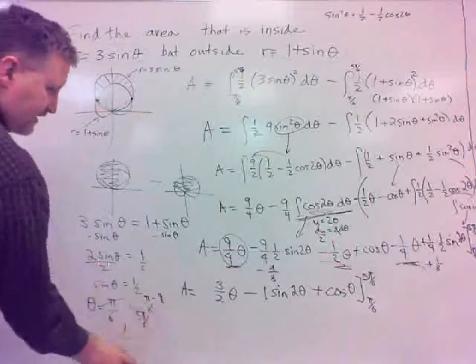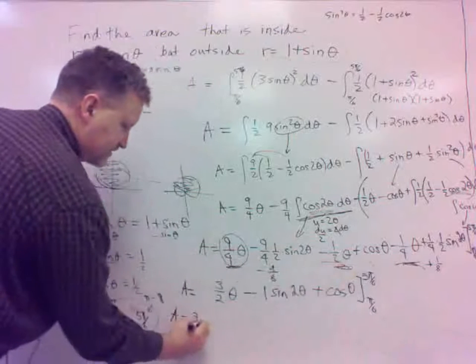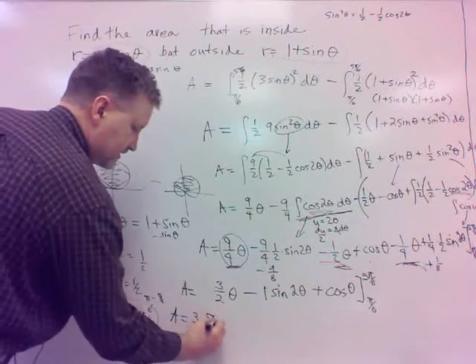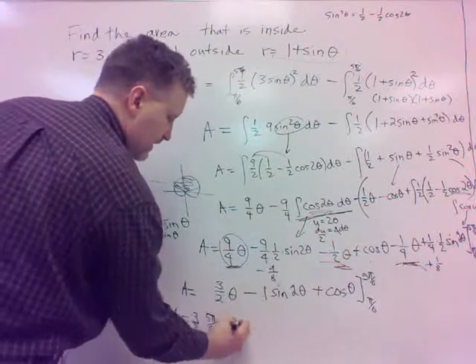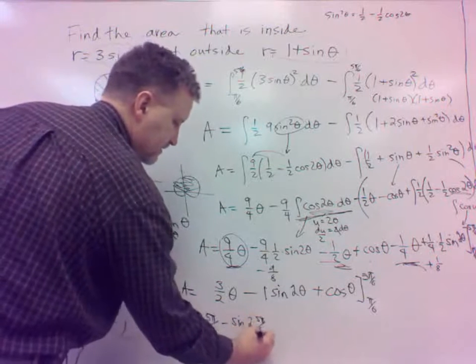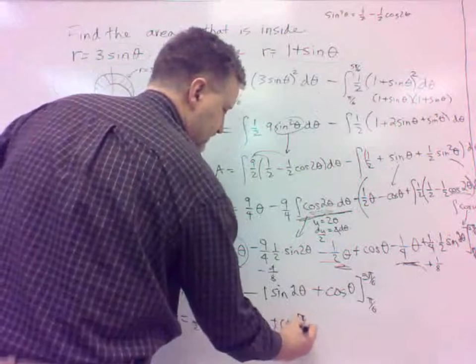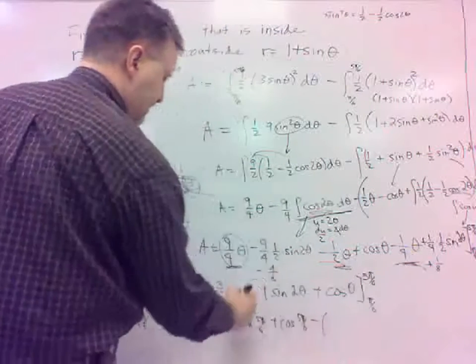All right, so now we plug into this. So we plug in your 5 pi over 6. So it'll be 3 halves times 5 pi over 6, minus sine of 2 times 5 pi over 6, plus cosine of 5 pi over 6. And then plug in the pi over 6.